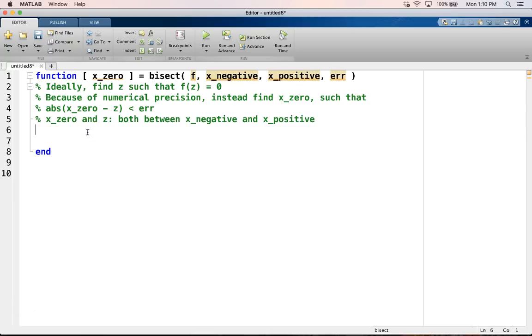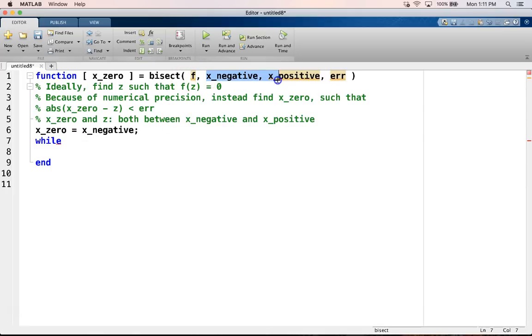So setting it up is the hardest part, but then actually finding it isn't that hard, and we're going to find it using a while loop. So let's just start out assuming x0 is equal to x negative. Okay, this is just an approximation. And then while, so what do I want to do?